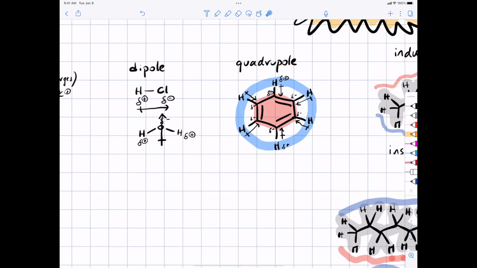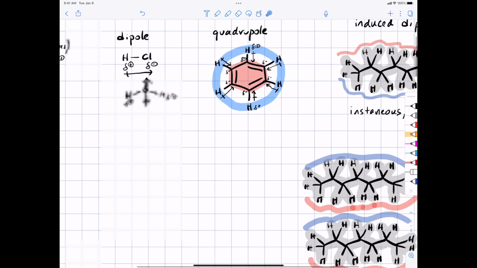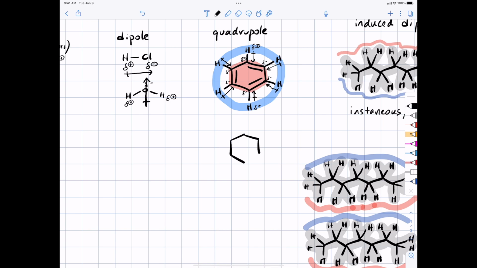Same thing with quadrupoles, only if your electronegativity difference is bigger between carbon and hydrogen, you can have a more intense quadrupole. Incidentally, you might imagine, can you reverse the quadrupole? That sounds like I'm saying some kind of sci-fi techno-babble to fix the ship. We have to reverse the quadrupole.